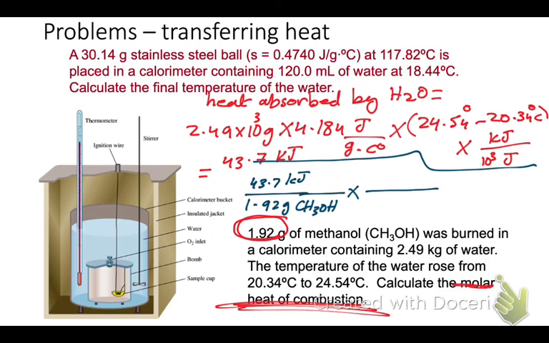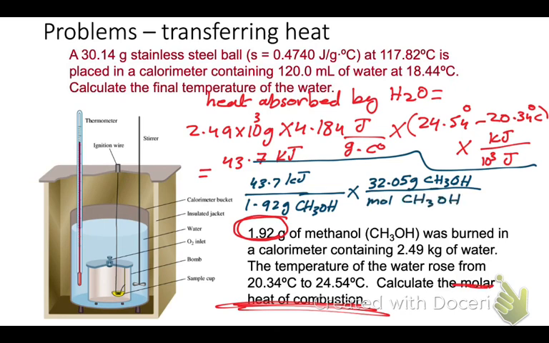I know that. So the molar mass of methanol will be 16 for oxygen plus 4, that's 20. Add 12 to 20, that's 32. So there are 32.05 grams of methanol for every 1 mole of methanol.